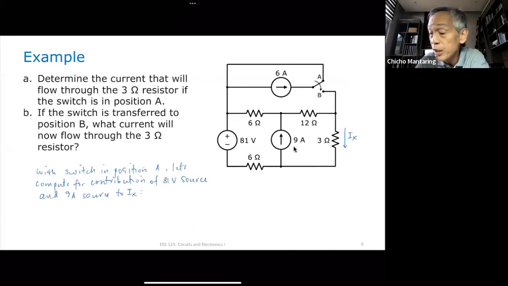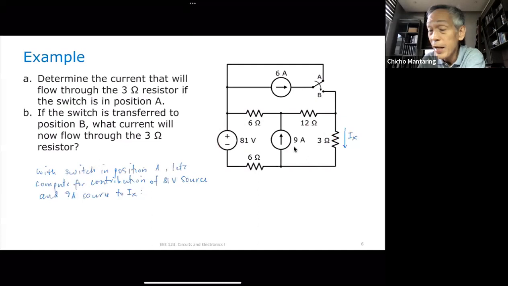Now let's say we transfer the switch to position B. Now here's the thing. I already know the contribution of these two sources to my IX. So all I have to do now is determine the contribution of this source to my IX. To do that, I suppress these two sources.